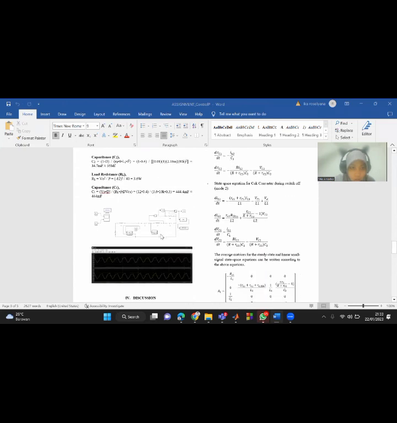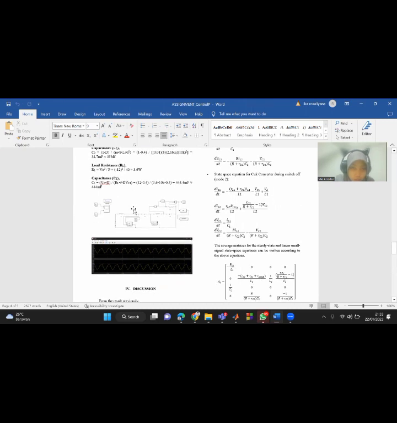For capacitance, we get 34.7 milli, but we use 35 because it is near 35. Last is RL and C1. For RL we get 3.6 ohm, and for the capacitance we get 444 milli.